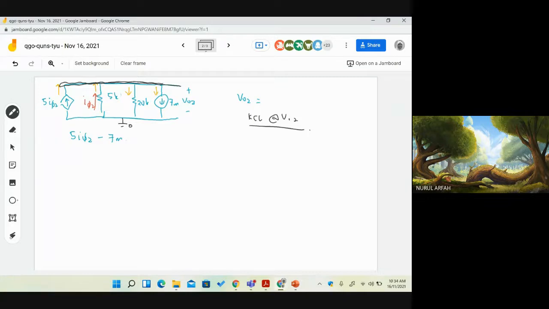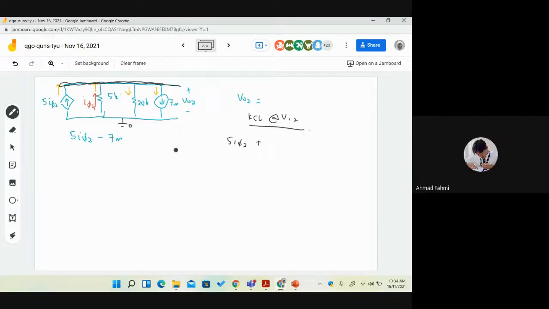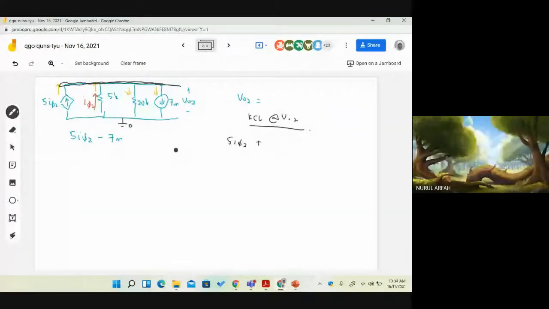So 5I52. Okay, number 2, which one is current entering? Plus I5. Okay. And then equal, right?